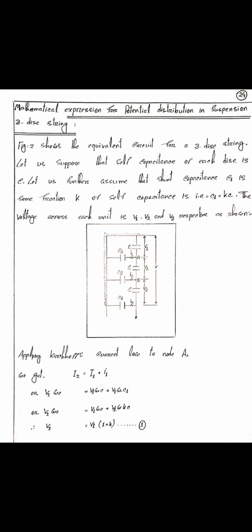Mathematical expression for potential distribution in a suspension 3 disc string. Here is the figure C1, C2, C3. Applying Kirchhoff's current law to junction A, we get I2 equals I1 plus i1, or V2 ωC equals V1 ωC1 plus V1 ωKC, so V2 equals V1 (1 plus K).